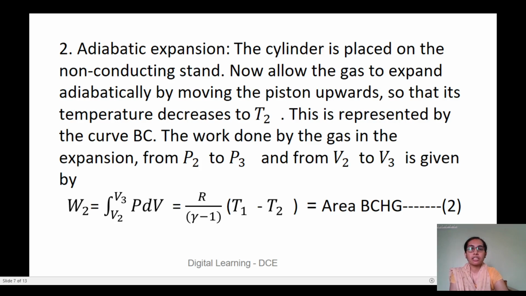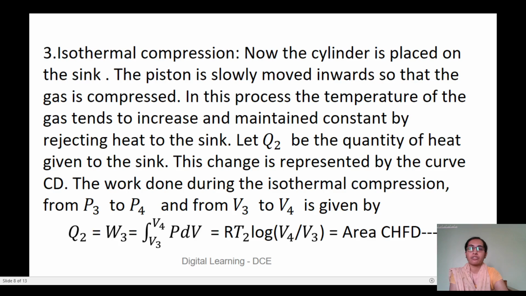Then the work done by the gas in the expansion from P2 to P3 and volume from V2 to V3 is given by W2 equals the integral from V2 to V3 of PdV equals R divided by gamma minus 1 into T1 minus T2. So that will be equal to the area under BCHG as indicated in the PV diagram.